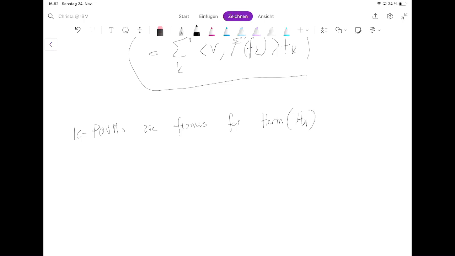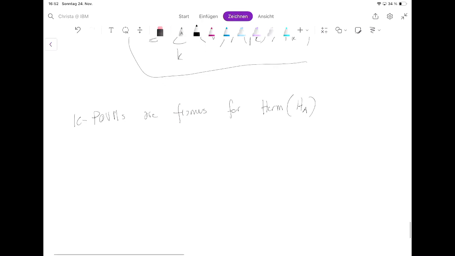I hope this does not need any other proof. So essentially, in finite dimension, any frame just needs to be a spanning set, and we just said before that IC POVMs are a spanning set for the space of Hermitian operators.